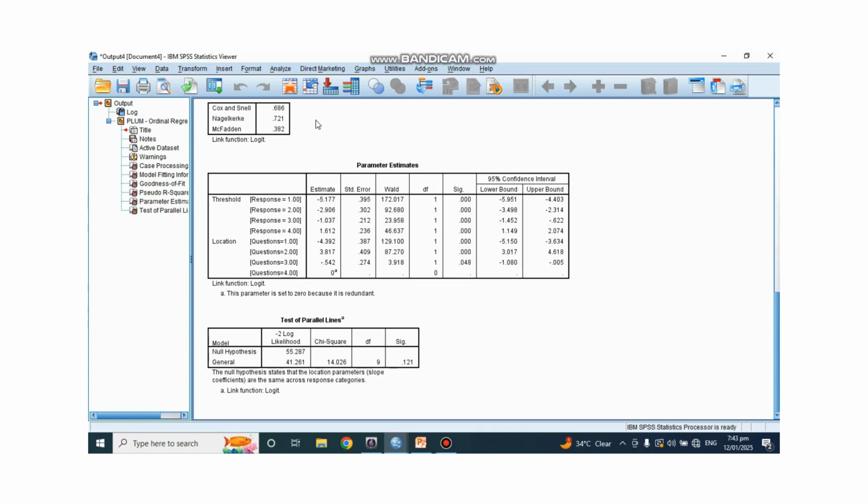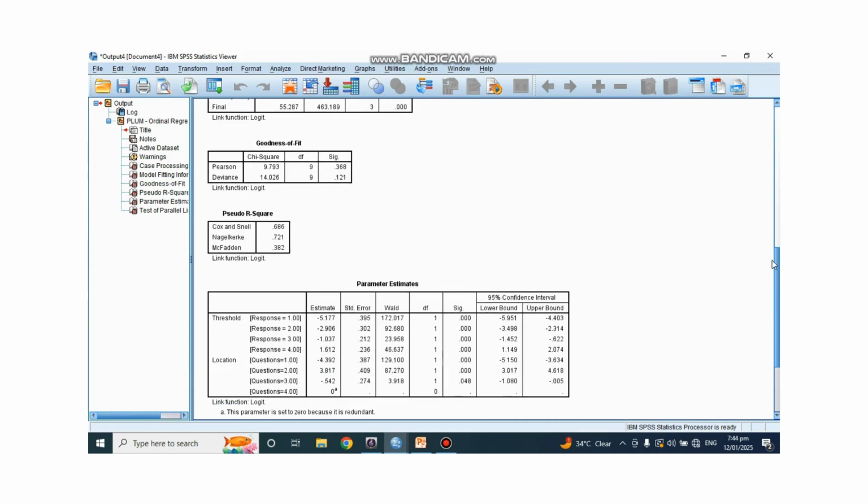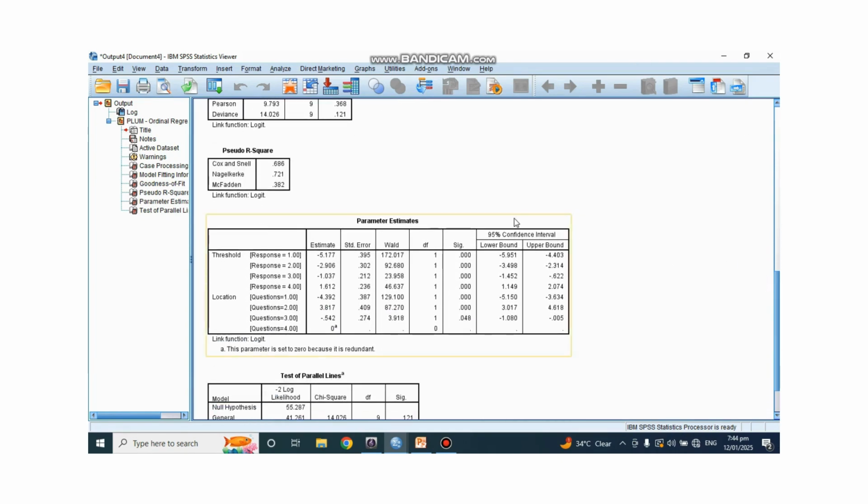Right, so now we go to the Nagelkerke. The Nagelkerke is an adjusted version of the Cox and Snell.